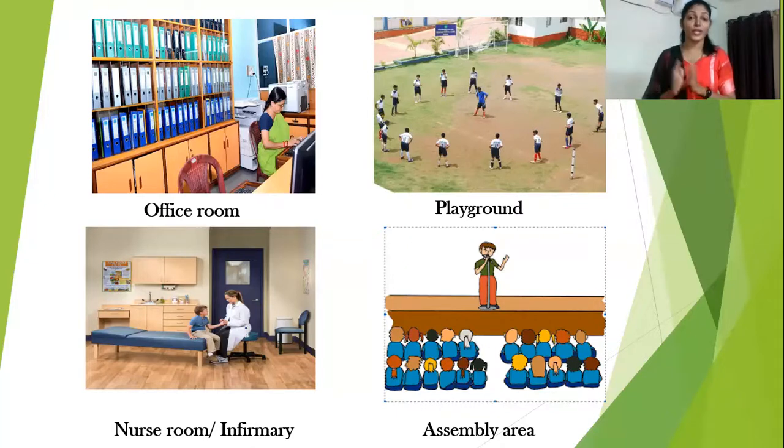Early morning, as soon as you come to the school, you gather in an area for the morning prayer, isn't it? You assemble, right? So that is the assembly area where different functions and different programs take place, right? So these are some of the areas in school.